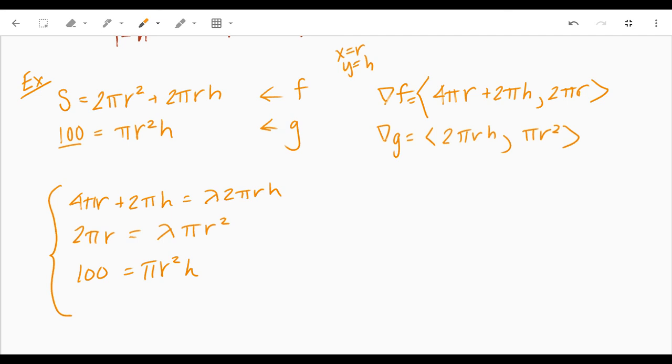I wouldn't worry too much about them now. Basically, lambda would never equal 0 when you're solving for these. In these application ones, the radius and height shouldn't ever equal 0.